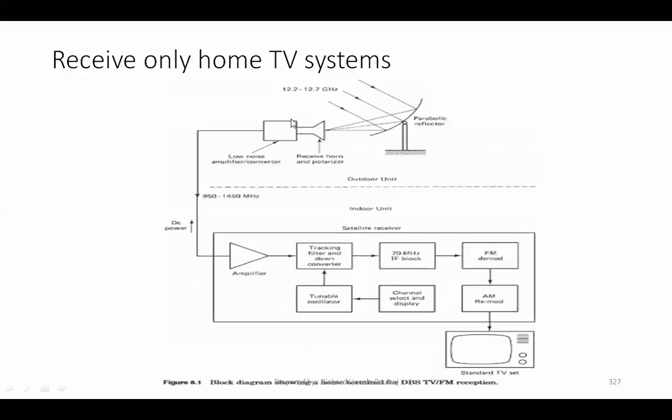So it's about 12.2 to about 12.7 gigahertz, okay. So that's the range. And so if you see here, we have the low noise amplifier which downgrades the signal, which means it downscales the signal, and it comes in the range of megahertz, 950 to 1450 megahertz.